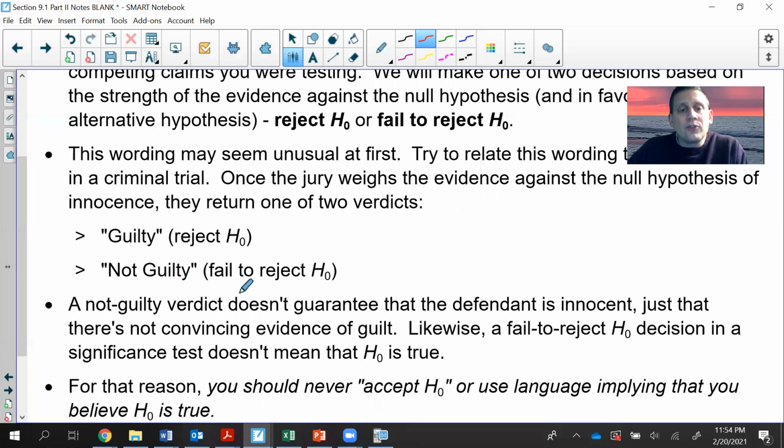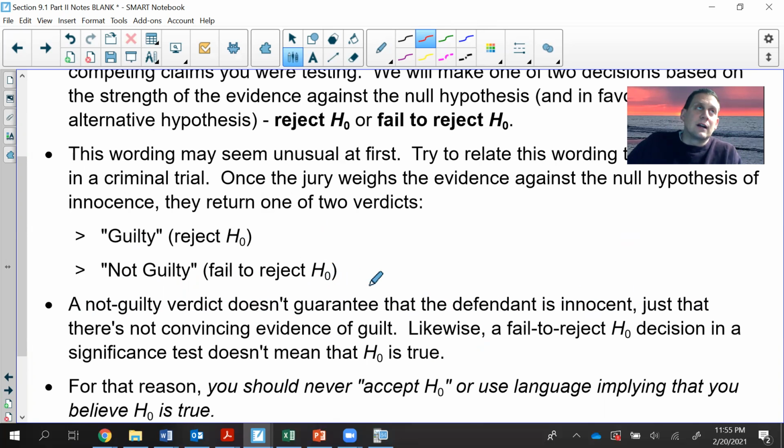So if you're not guilty, you fail to reject the null. Not guilty does not mean that you're innocent. It just means there wasn't enough evidence to convict you. Again, a not guilty verdict does not guarantee that the defendant is innocent. So you can be found not guilty and have committed the crime.